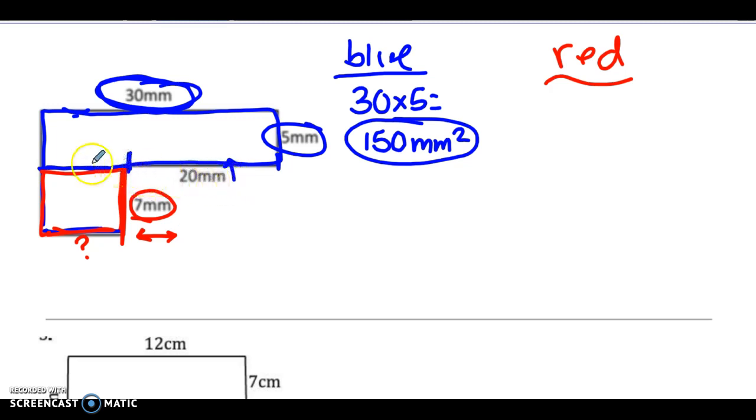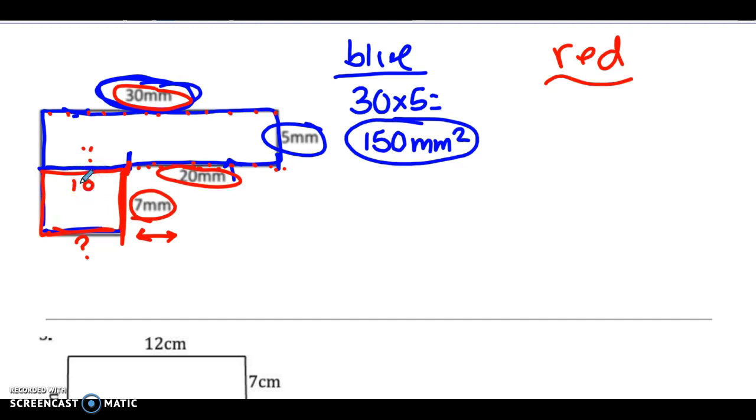So I see the other lines going in this direction are this 20 up top and the 30 again, both my two lines going in that direction. 30 is my distance all the way across, while 20 is the distance just from the start of my red rectangle to the other edge. So hopefully you're seeing that there's something I need to add to this 20 to fill the rest of the space to get to 30, and that's how we found that missing measurement of 10.